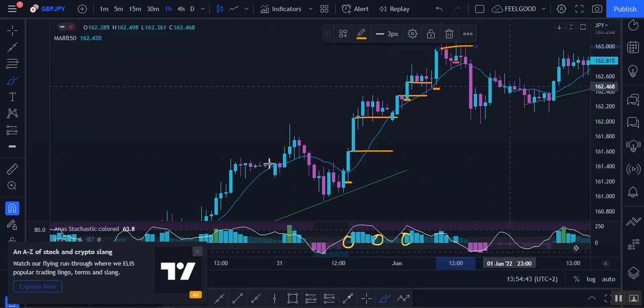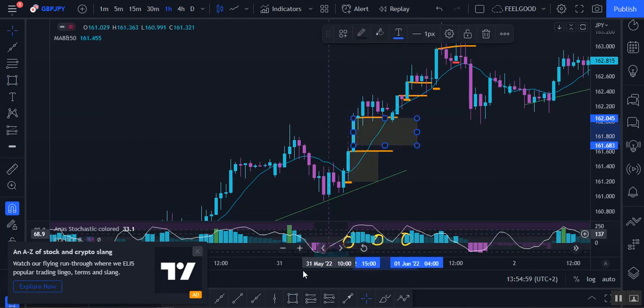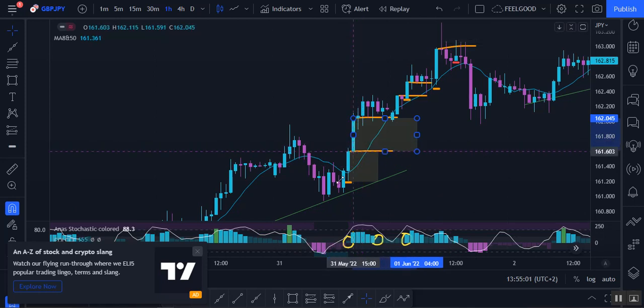And remember that in Forex, this here would be my risk on this trade, okay? This here would be my risk on the second trade, okay? This here would be my risk again on the third trade.